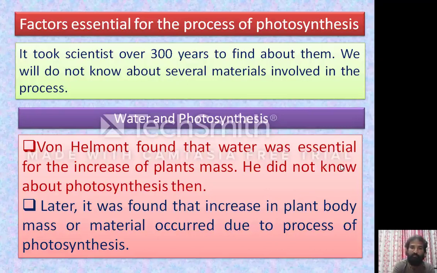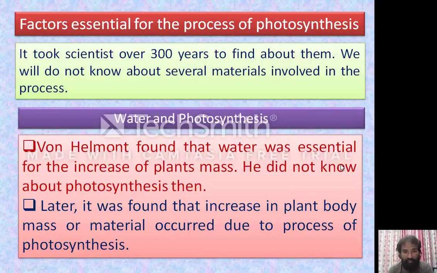Every day you pour water to the soil, and the plant will grow. After 5 years, you also weigh the soil present in the pot. There is no difference between the initial weight and the weight after 5 years.